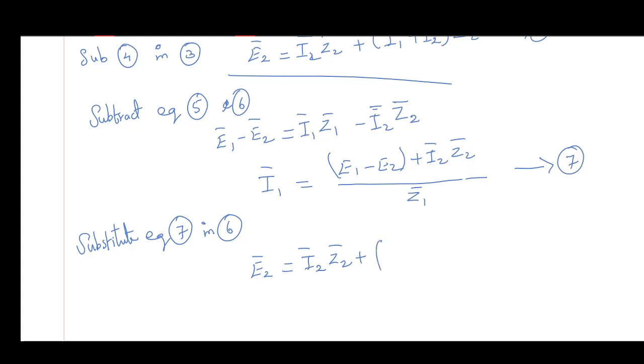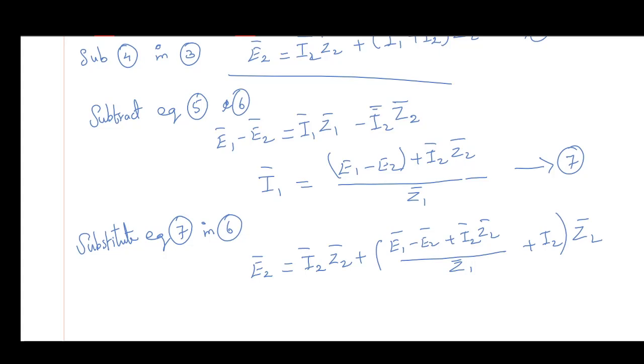Okay, so I1 vector, instead of I1 I am going to replace I1 vector as E1 minus E2 plus I2 vector into ZL vector by Z1 vector, okay, plus I2 vector into ZL vector.